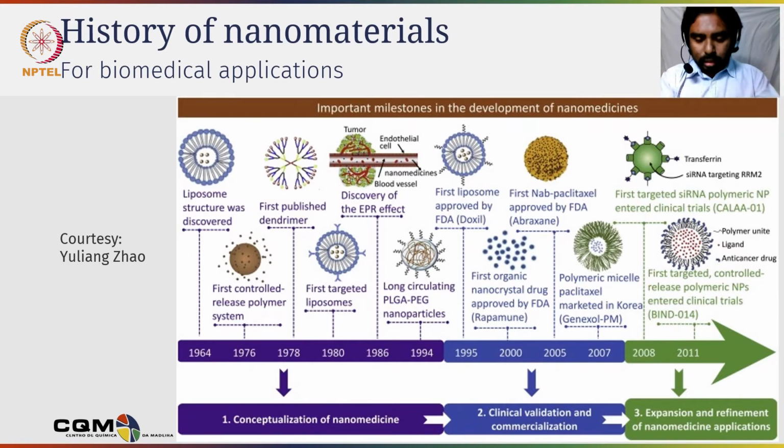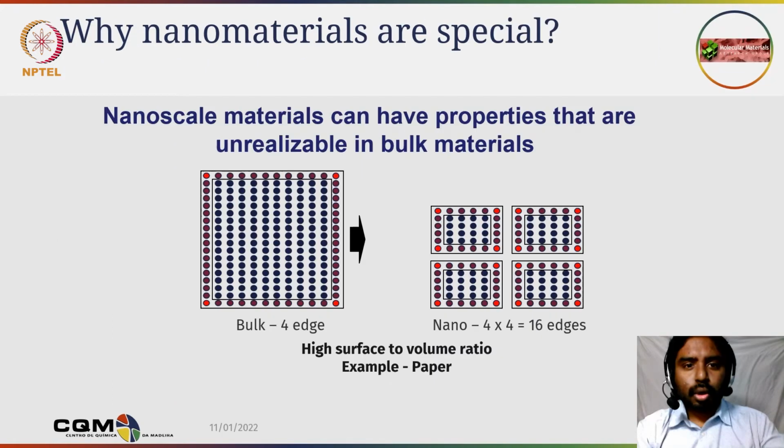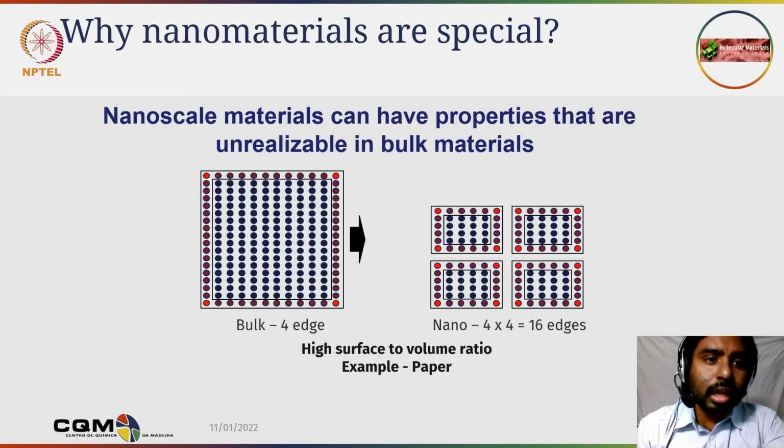So these are the scenarios of nanomedicine. Until now we are moving towards toxicity and approval regulations and those things, right? So now we are going to see why nanomaterials are special, right? As I said before in the first slide, because of their smaller size, they are helpful in biomedical applications, right?